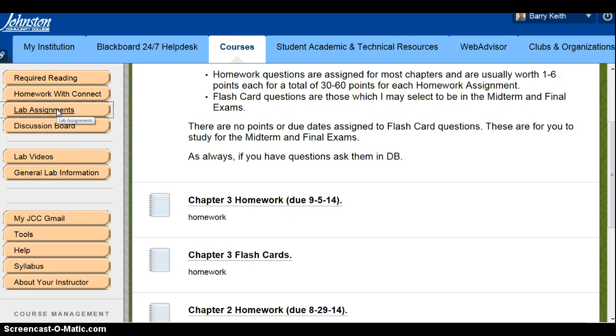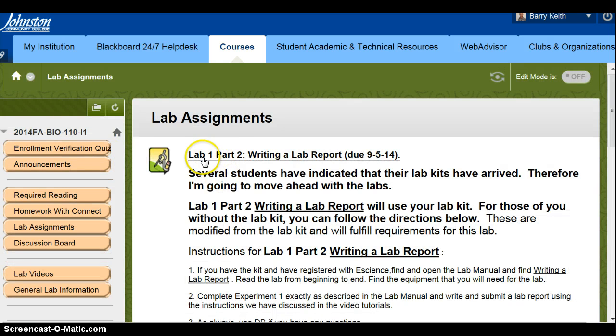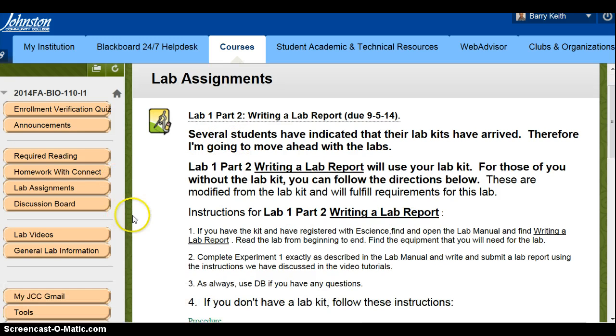Lab assignments. I have added Lab 1 Part 2. This is what I would call your real lab, where you're going to be writing a lab report, and you're going to be using all of the formatting that we described in Lab 1 Part 1. Therefore, you need to do Lab 1 Part 1 to see how to submit a lab and how the labs are graded.